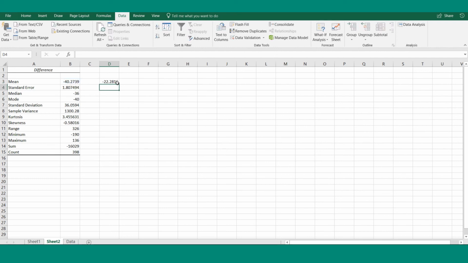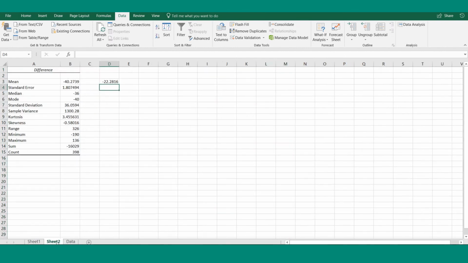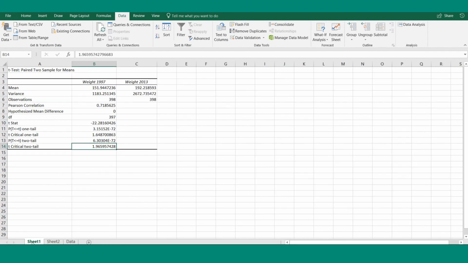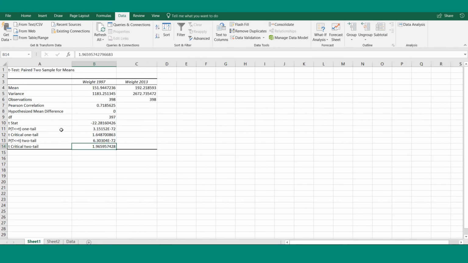Look, I got negative 22.28, and that's what we got from here. So it matches up. So I like this way a little bit better. Well, there are different advantages for doing either way. Like this way, the difference score, helps you understand how it's doing it. And the other way might give you some other information that is helpful.